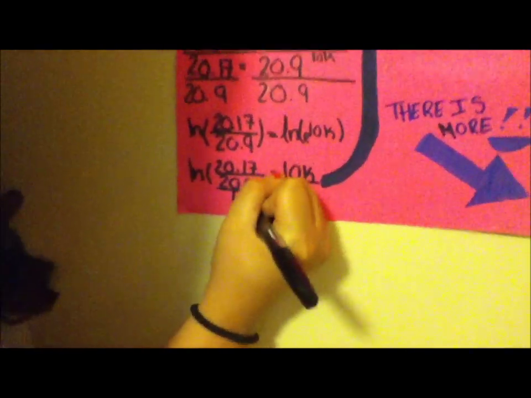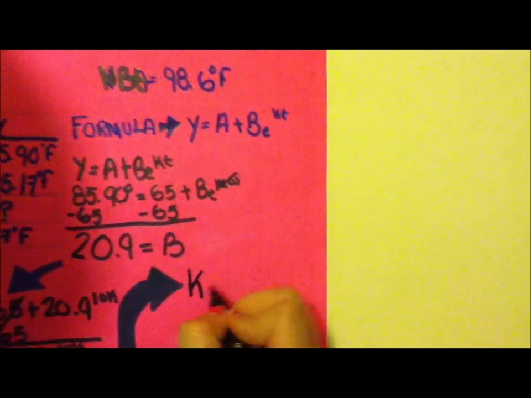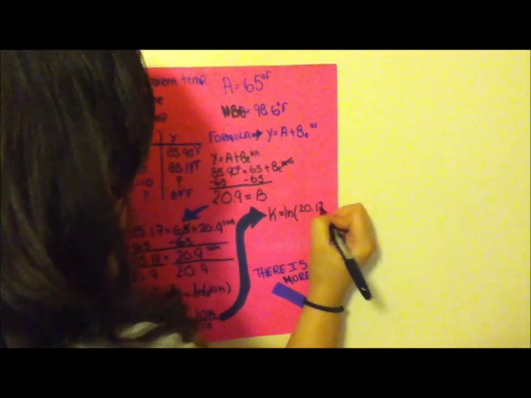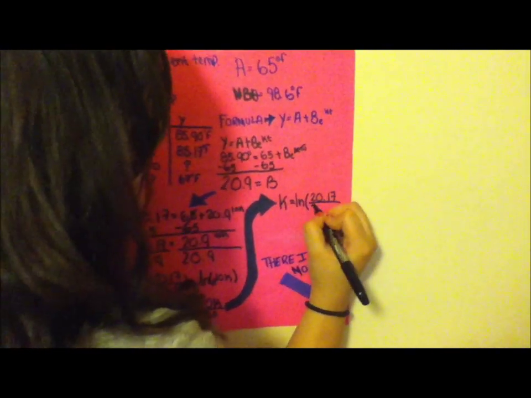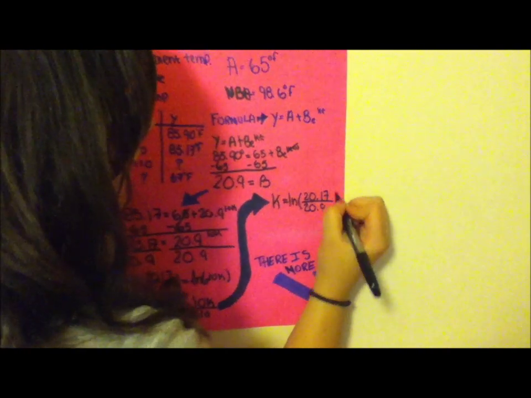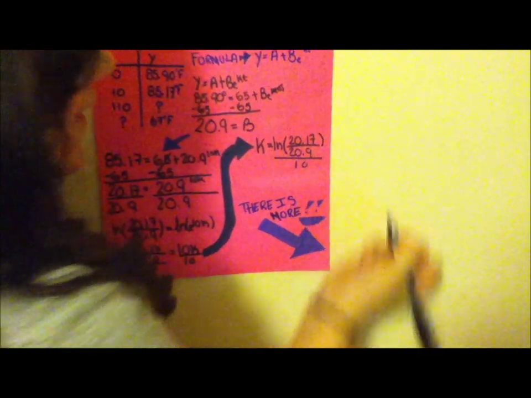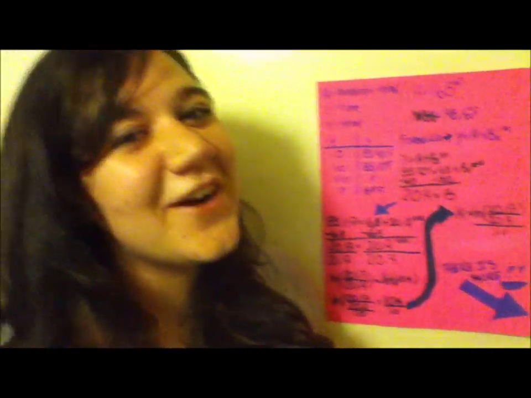To leave our K alone, we divide by 10. Follow a beautiful arrow up here, and our K equals the natural log of 20.17 divided by 20.9, all over 10. So now, do y'all know what time it is?